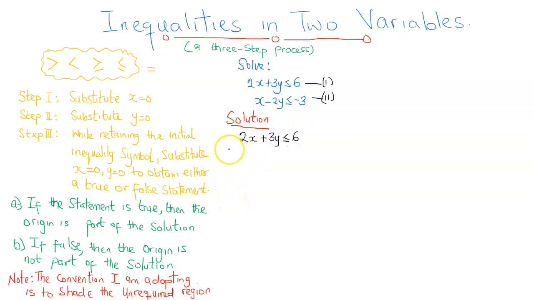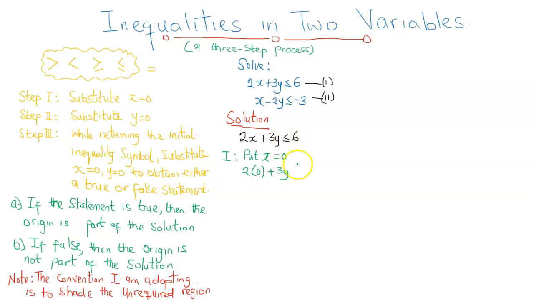So the first step is to substitute x equal to 0 after changing this sign to an equal to sign. So step 1, I'm going to substitute x equal to 0. So that's going to give 2 bracket 0 plus 3y.